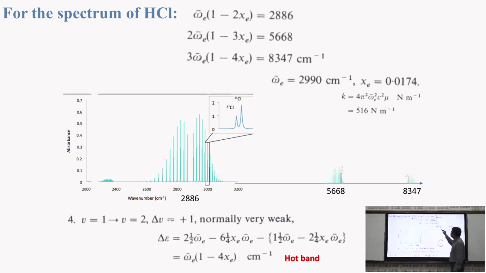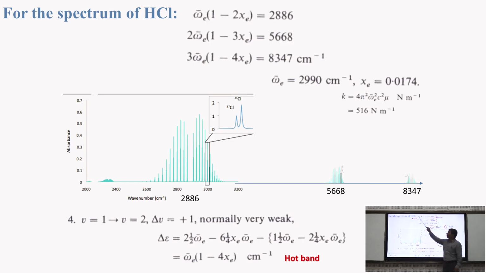So if you have these two, the fundamental band and first overtone, you have two expressions and two unknown quantities, so you can calculate the very important oscillation frequency omega E bar, 2990, as well as the anharmonicity constant, 0.0174. Apparently this spectrum is not giving any information, but if you know the fundamentals of spectroscopy, what is the fundamental in this case?